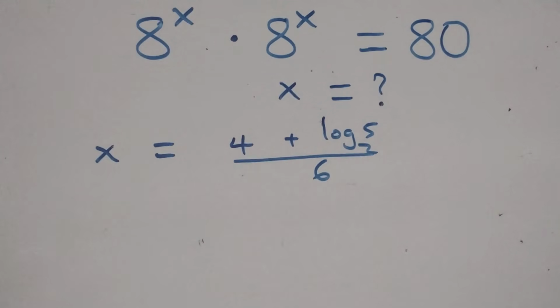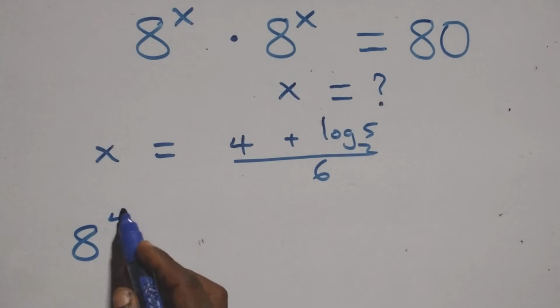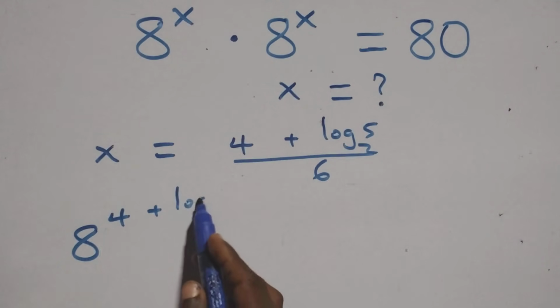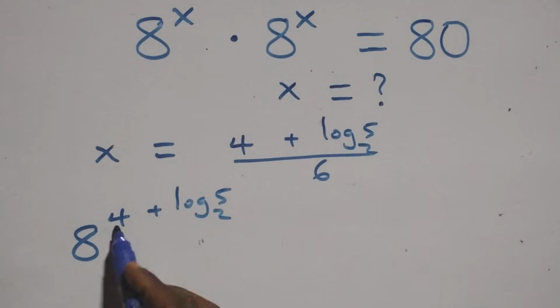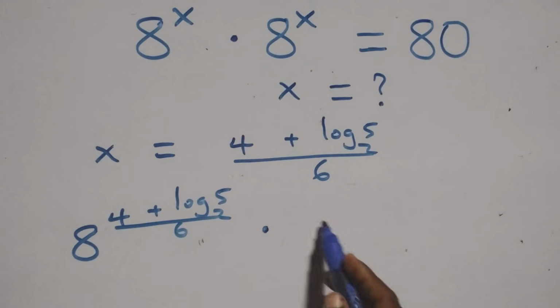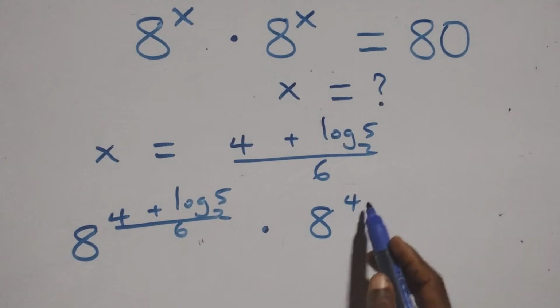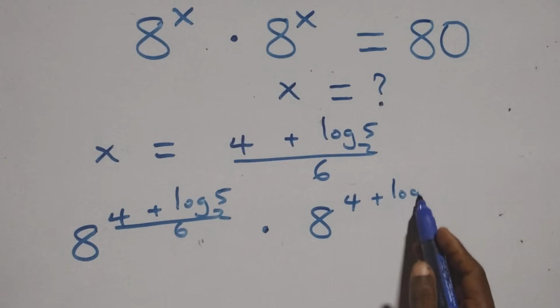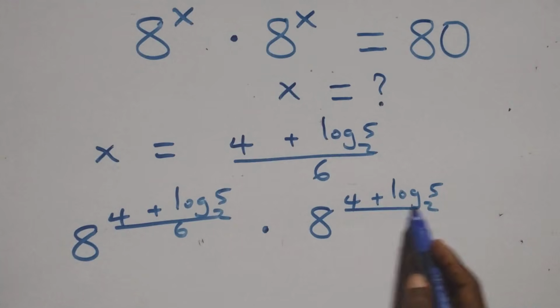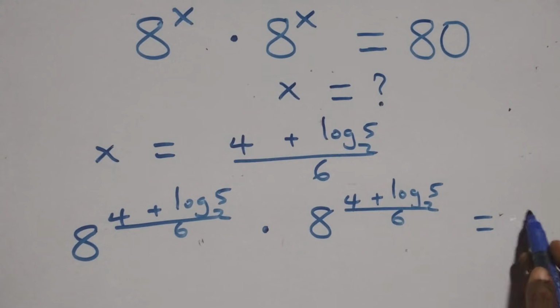Then what we have becomes 8 raised to power 4 plus log 5 base 2 all over 6, times also 8 raised to power 4 plus log 5 base 2 all over 6. Is it equal to 80 on this side?